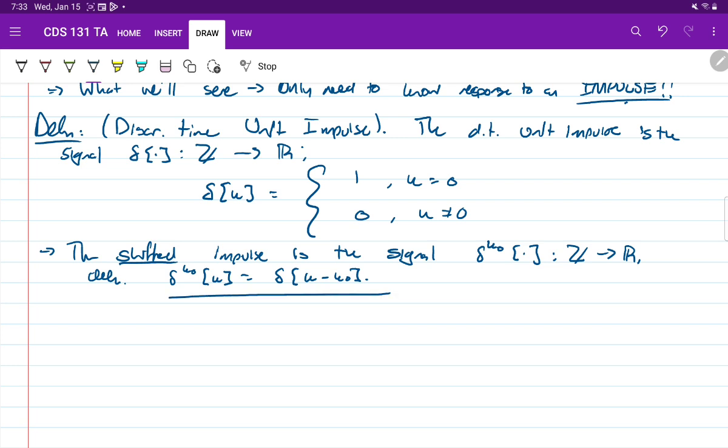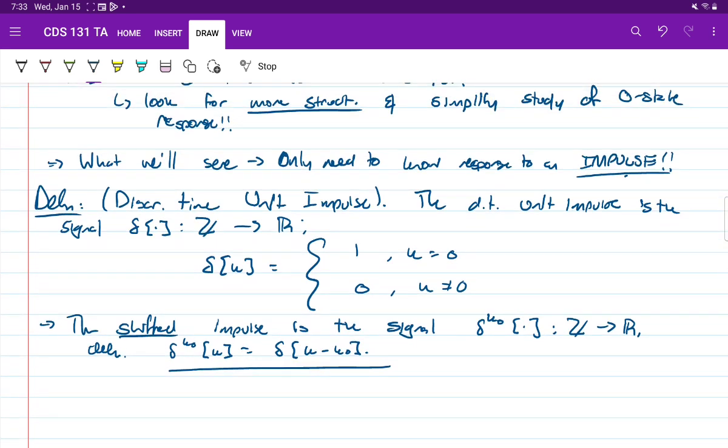So the shifted impulse, instead of jumping up at time 0 and being 0 elsewhere, jumps up at time k naught. This signal will actually be able to characterize our response to any input out there, so our goal is to work our way towards this result as we go on.